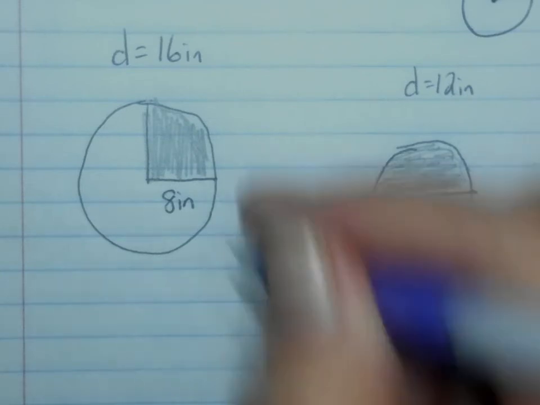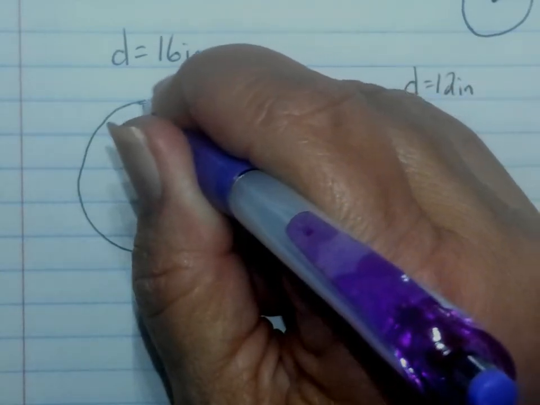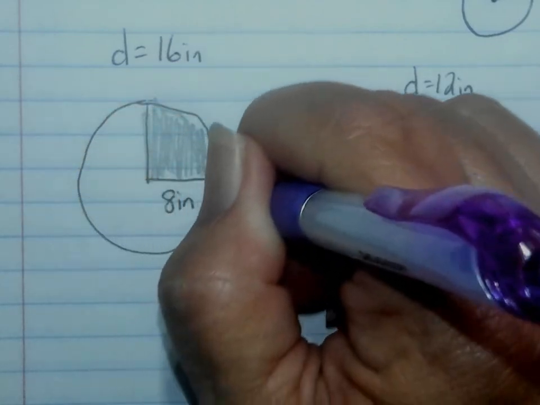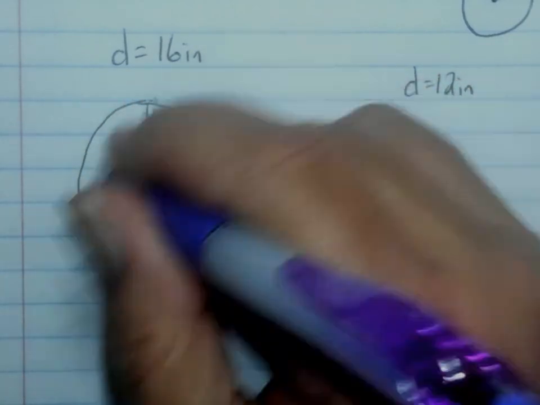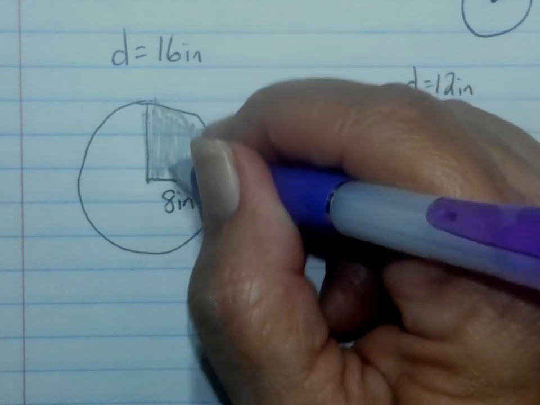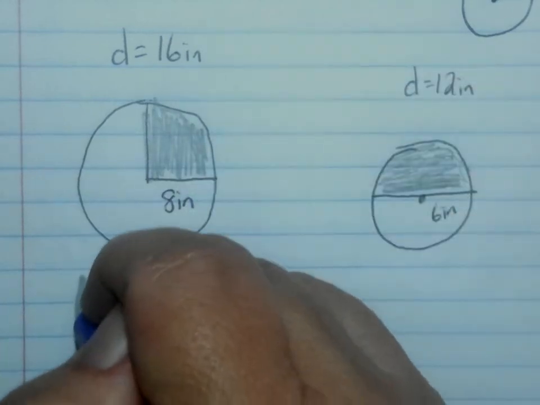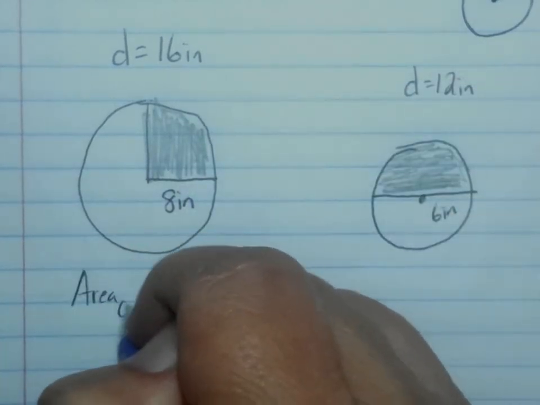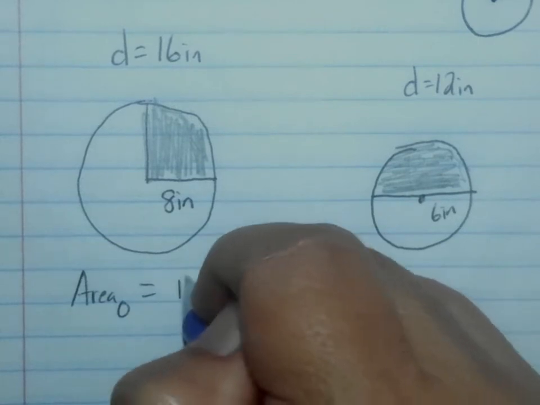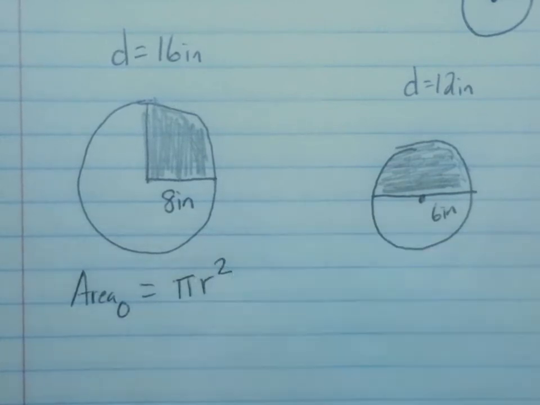So if you're eating pizza, are we talking about the outside edge, the circumference? No, it would be the area, right? So area of a circle is equal to pi r squared. No, pi r round. Oh, I didn't even get any groans in here.